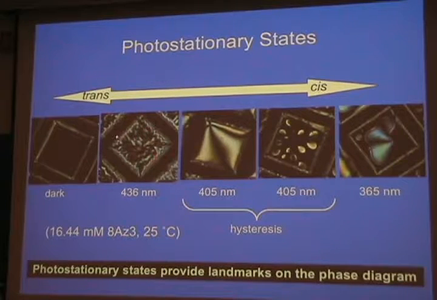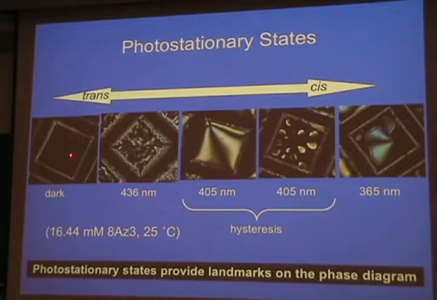At 436 nanometer illumination, it comes to a stationary state that indicates phase coexistence within the monolayer, where one phase gives tilted anchoring and the other gives homeotropic. As we continue to get more cis in the mixture by using lower wavelength, we see uniform tilt, and then at even higher cis fraction, we see a homeotropic phase in equilibrium with a phase that gives very high tilt.